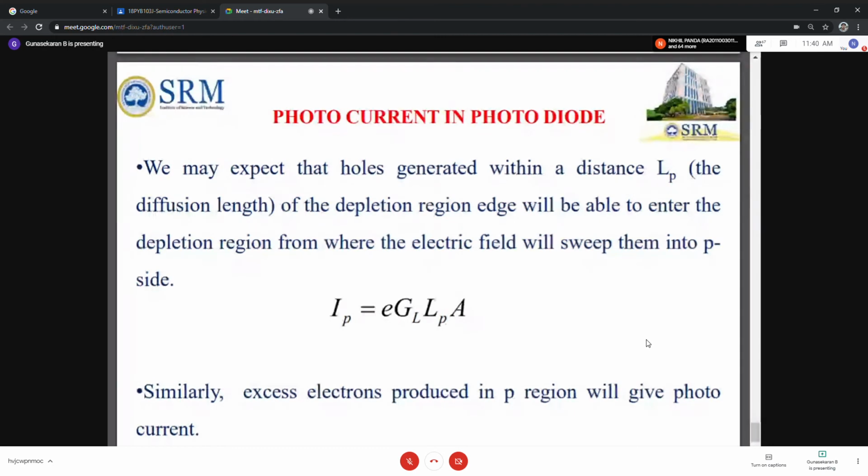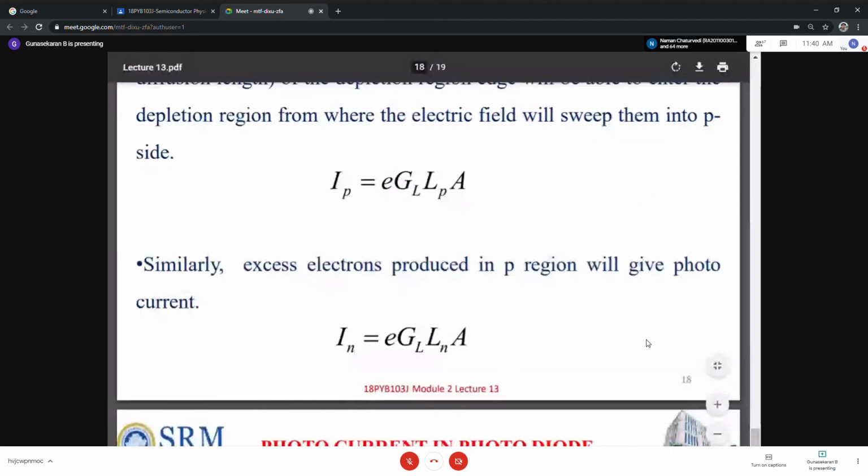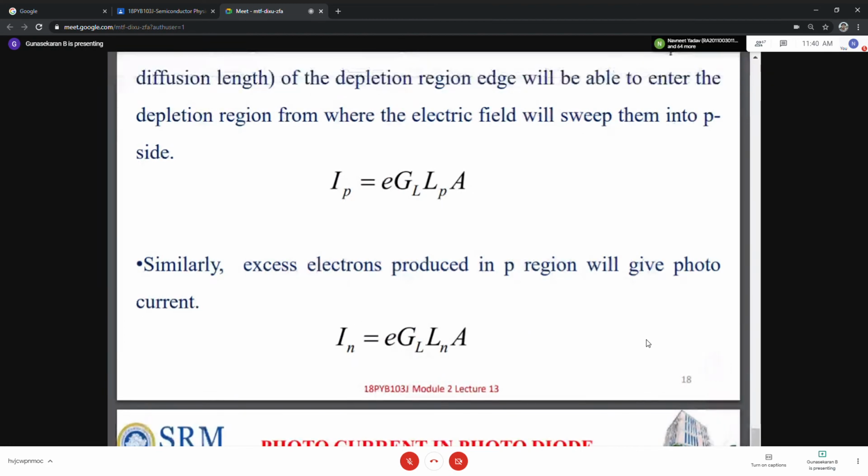That gives Ip and In: e G Lp A and e G Ln A. So the corresponding currents are Ip, the current due to holes, and In, the current due to electrons.